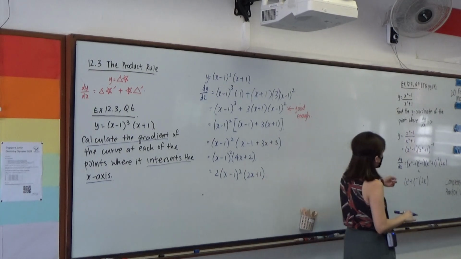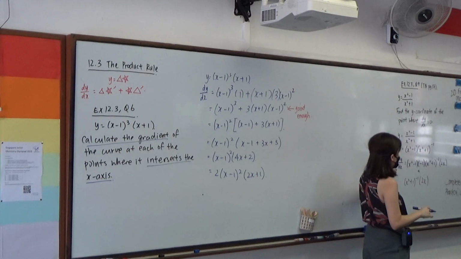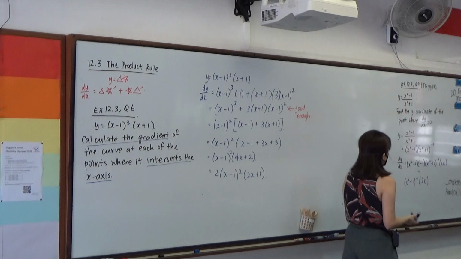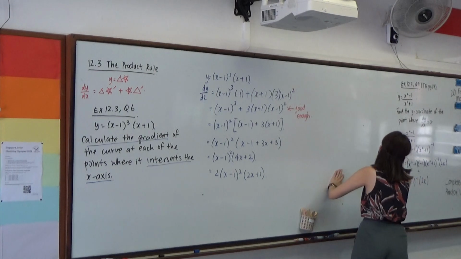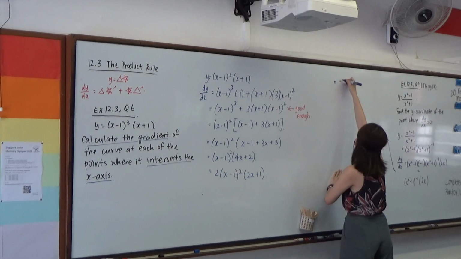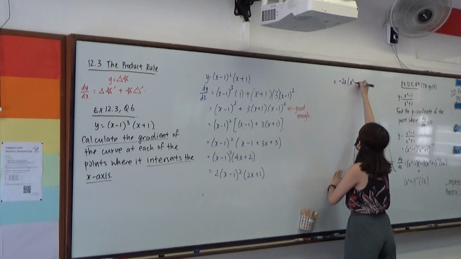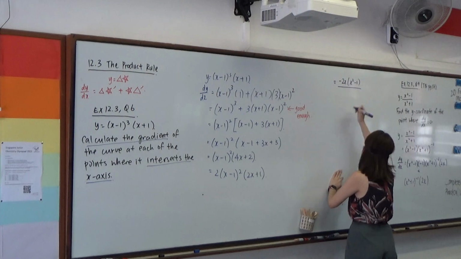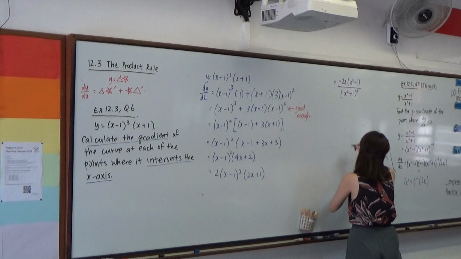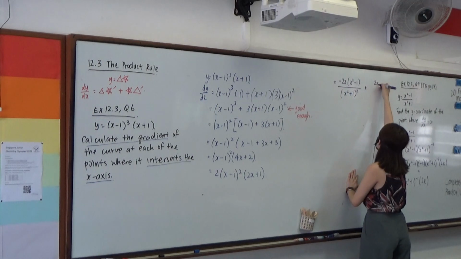You may want to go about simplifying this before we go into finding out the answer to the question. So we can tidy things up a little. I'm writing it as negative 2x times x squared minus 1, the denominator has our x squared plus 1 to the power of 2, plus 2x over x squared plus 1.